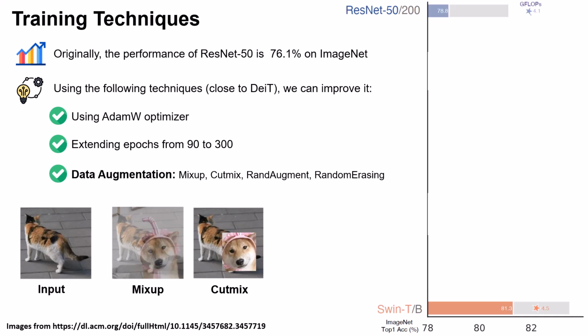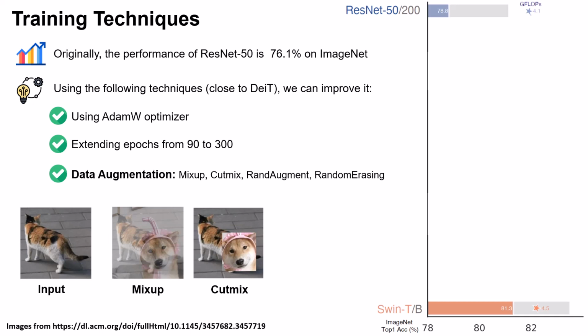Having these three values, we can compute the proportion of the image that belongs to the cat class and the proportion that belongs to the dog class. And then by having these two proportions, we can consider them as weights. And then the new label would be a weighted sum of the original labels.